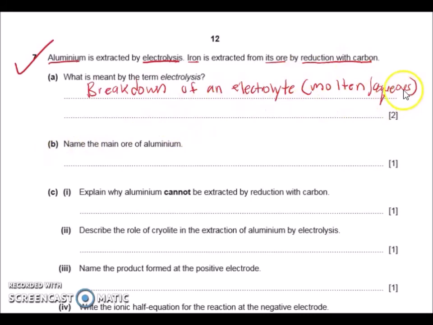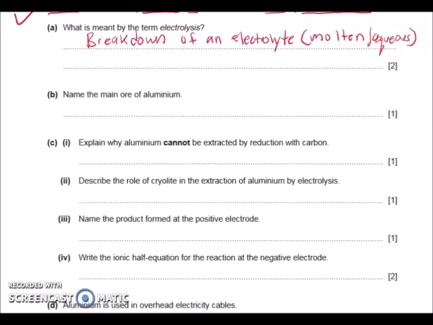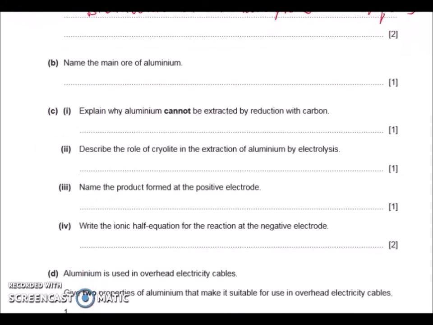Okay, now we move to the next one here. Name the main ore of aluminium. So this aluminium here is we call as a bauxite. Okay. C. Explain why aluminium cannot be extracted by reduction with carbon.